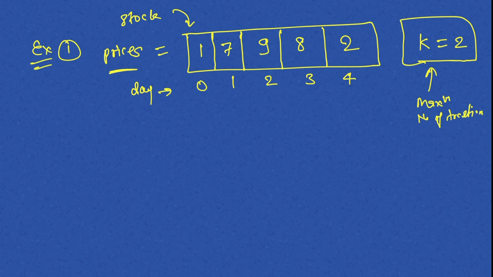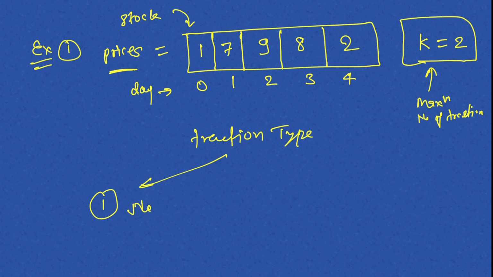So how many types of transactions do we have? There are 2 types. The very first type is called a normal buy and sell transaction.